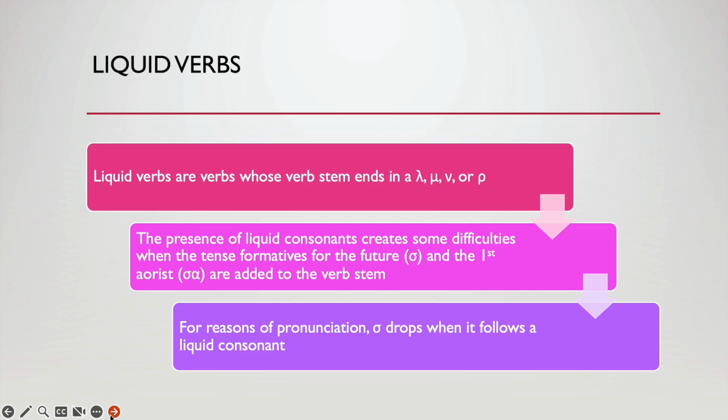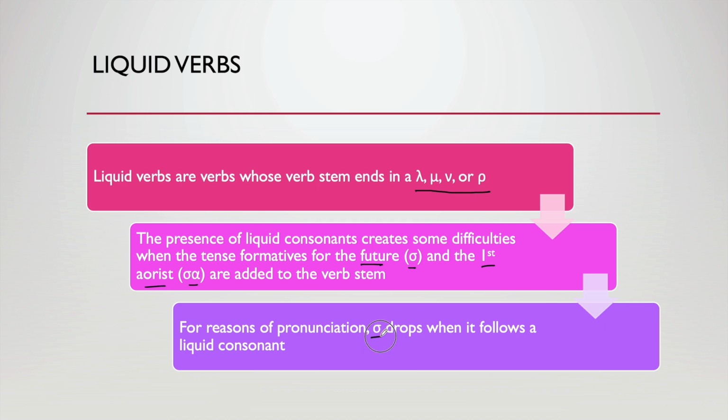So if they end in these letters, why is that a problem? Well, they're not a problem when you're dealing with the present or imperfect, but when you move to the future and the first aorist, some problems emerge because the sigma of the tense formatives collides with these liquid verb consonants, and that creates a problem.